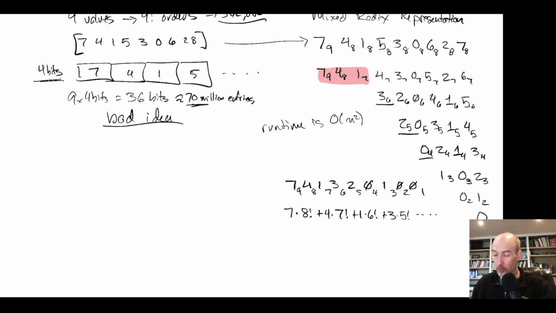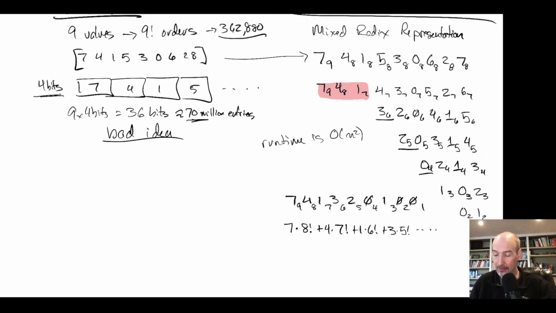Okay, so we can take something like a permutation. We can convert it from base 10, a complete base 10 representation, to a mixed radix representation. If we convert it to a mixed radix representation, then it's very simple to convert from mixed radix into an actual equation that would give us a ranking, a unique integer that represents the state, and we can very easily go from this state back to the mixed radix representation.